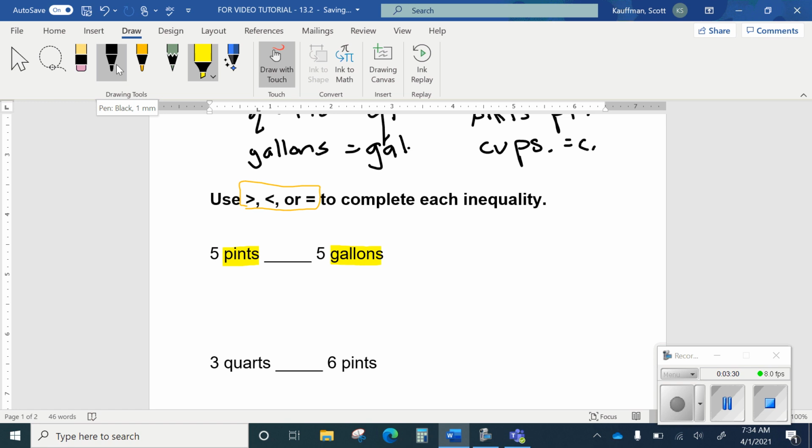Once I've identified the two units of measure, I now want to look at how much of each one I have. And I've noticed that the number of pints and the number of gallons is the same. So because the number of pints and gallons is the same, like before, we're going to cross out these amounts because they are the same. We're now going to compare pints versus gallons.